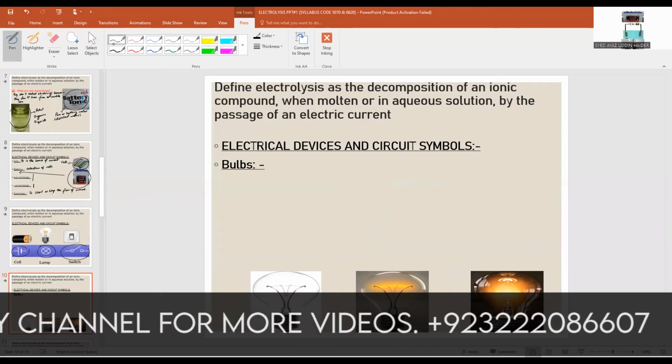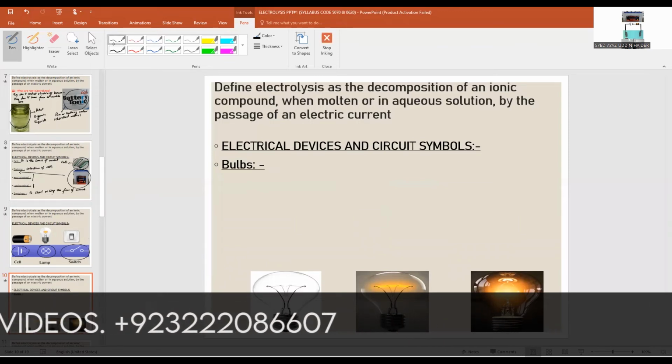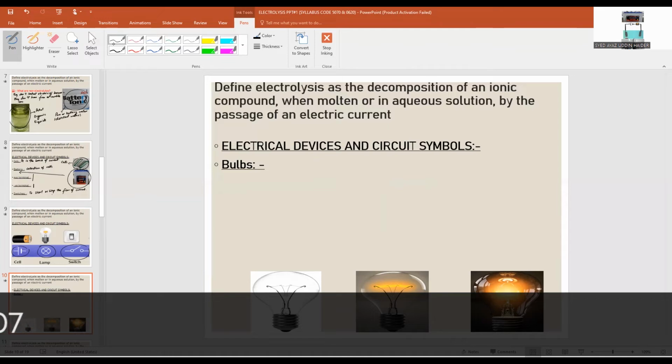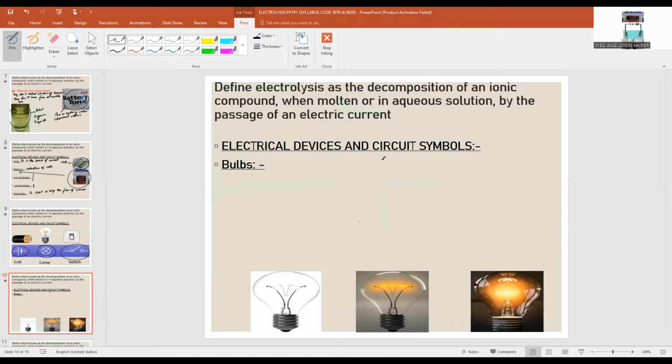Bulbs are placed so that we can check whether the current is flowing or not.